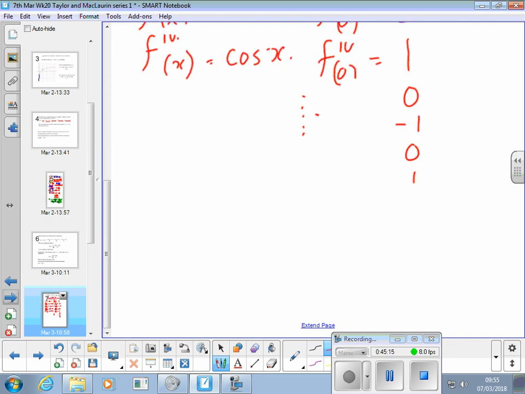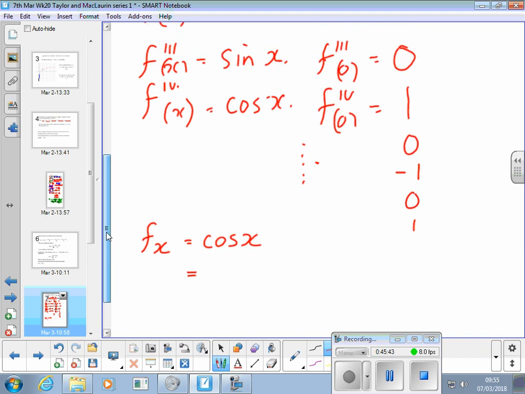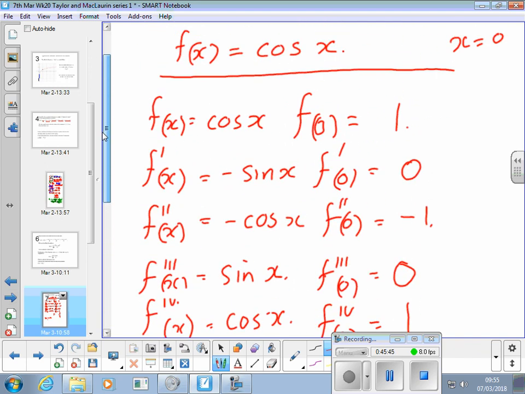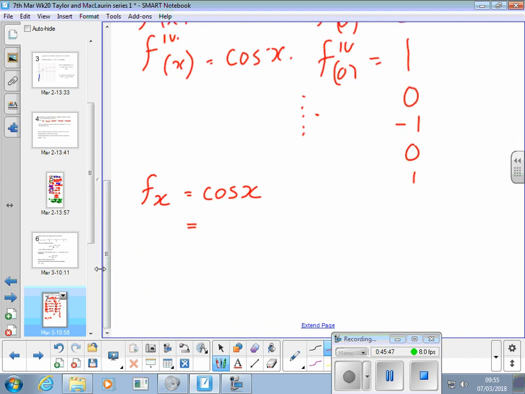If we substitute that into a Maclaurin series, like so, we end up with c0 is 1.